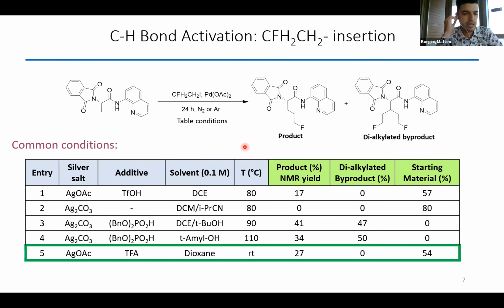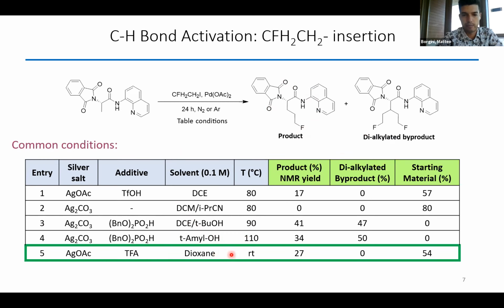So at this point, we started studying the first CH bond activation to obtain the monofluoro derivative. Our approach was to screen the more common CH bond activation conditions present in the literature, find the one that works best in our case, and then optimize it to improve the yield of the product and to avoid the formation of a dealkylated byproduct, which is very challenging to get rid of.